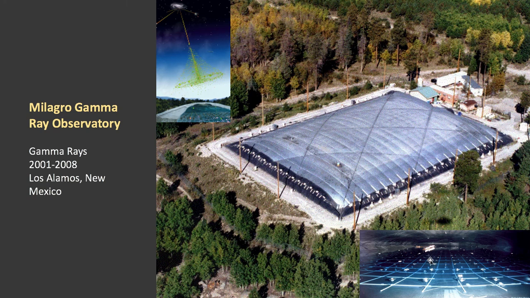Now, the way that this works is the gamma rays don't make it through the atmosphere and land in the water, but the gamma rays hit molecules in the atmosphere and cause other particles to cascade down. And so this telescope looks for those particles that come off of the interaction with the gamma rays in the atmosphere. So it basically causes a particle shower, is a way to think of it, that the gamma rays hit the atmosphere and cause a particle shower down on the telescope.